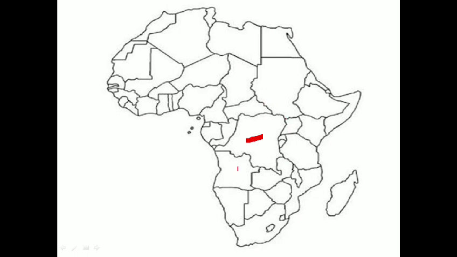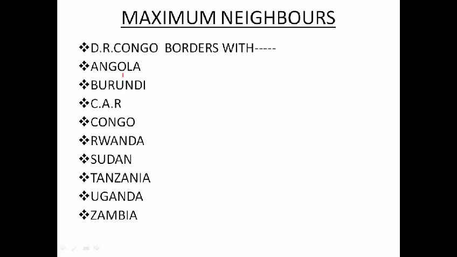Now what are these countries? Now I am giving you the list. It is Angola, Burundi, Central African Republic, Congo, Rwanda, Sudan, Tanzania. So earlier we used to say Sudan, but now we have to say it is South Sudan, because Sudan is now divided.